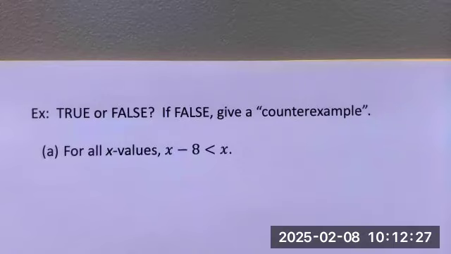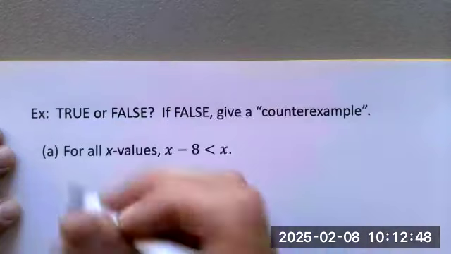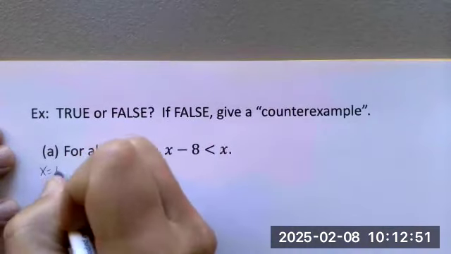I think we should try some specific x values and just start to see what happens. That's how I think you should approach these problems. Just start to try it with specific examples, specific x values, and see if it's true or false in those cases and go from there. For example, what if I were to pick, say, x equals 10?